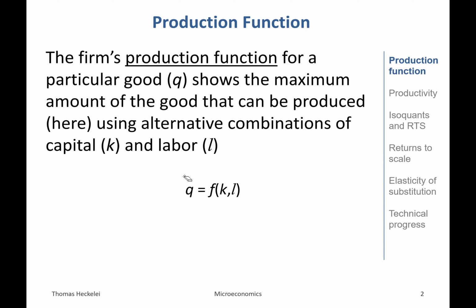Note, however, that here capital and labor are just convenient examples of the input. In reality, it could be any input depending on the context, right? For example, seed and fertilizers, two different inputs for producing agricultural products such as maize or wheat.